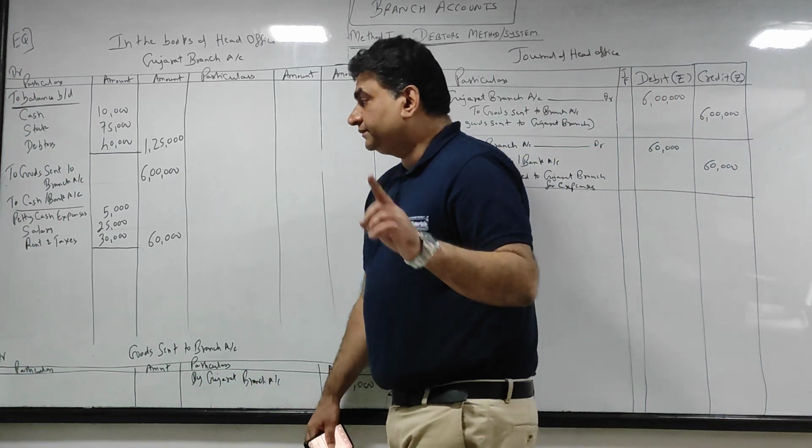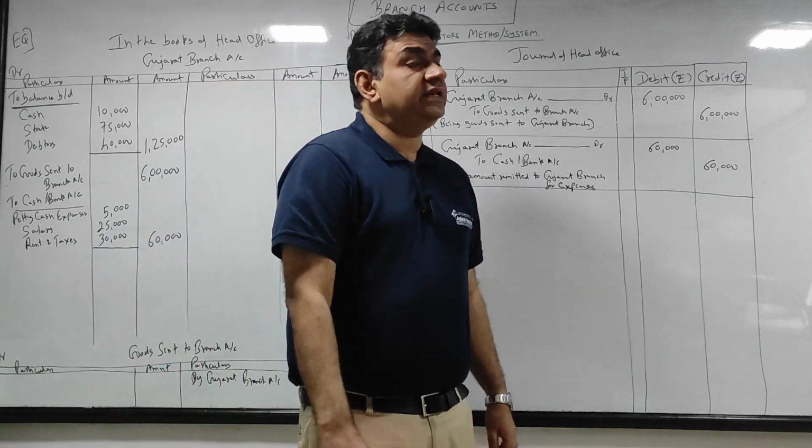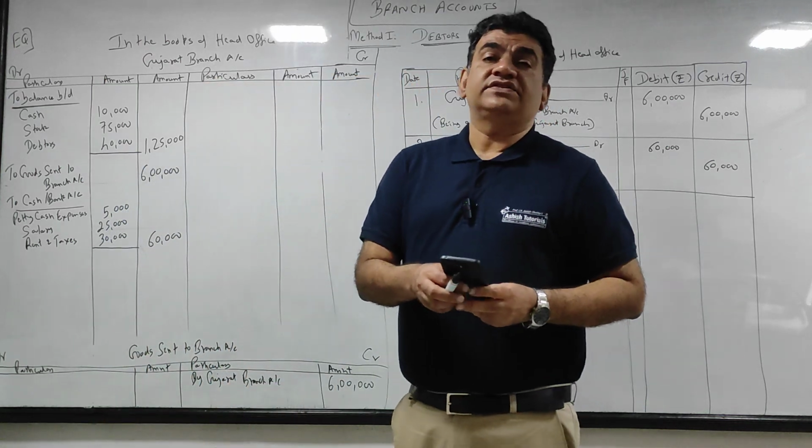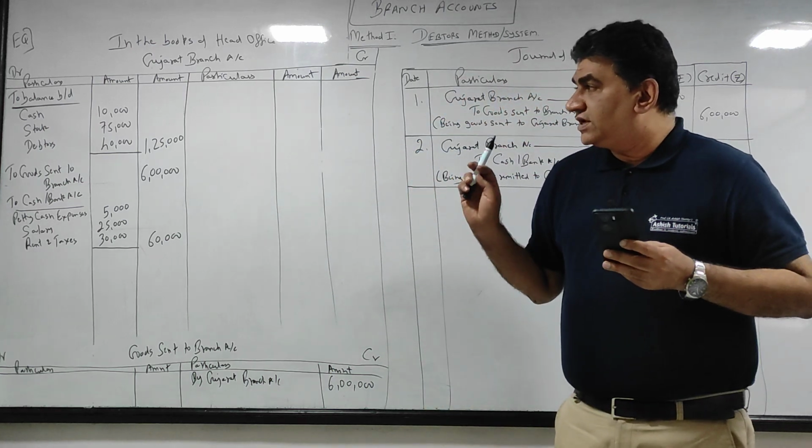I'll repeat. Transaction related to expenses incurred by branch has been ignored as head office is not involved. Clear with this, guys? Got it?